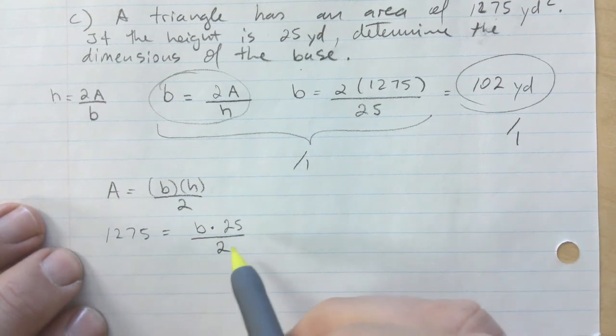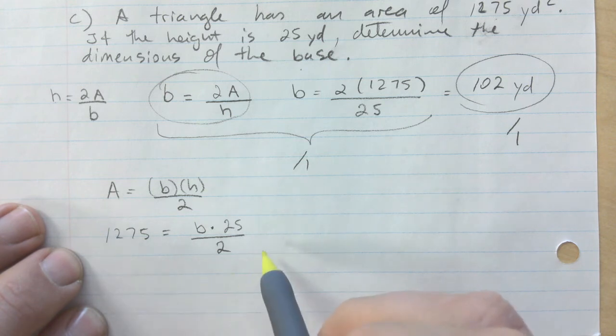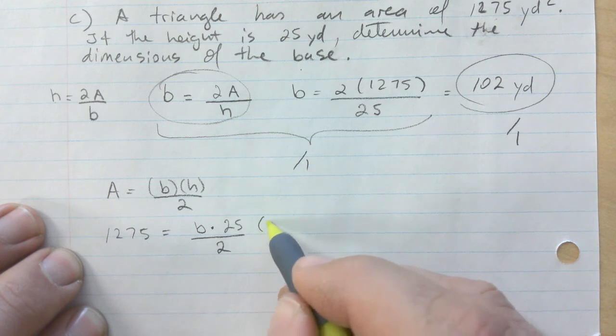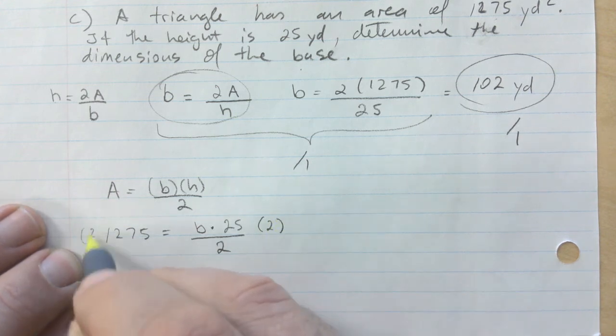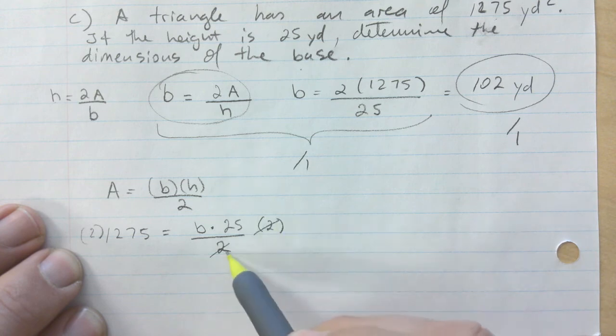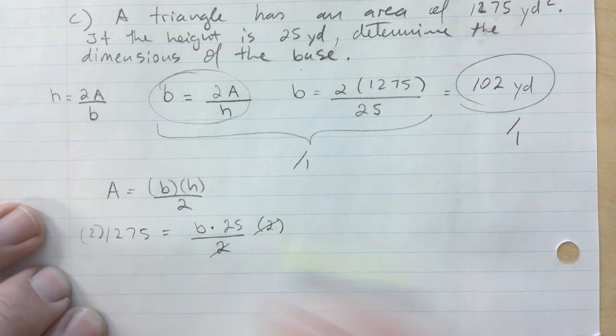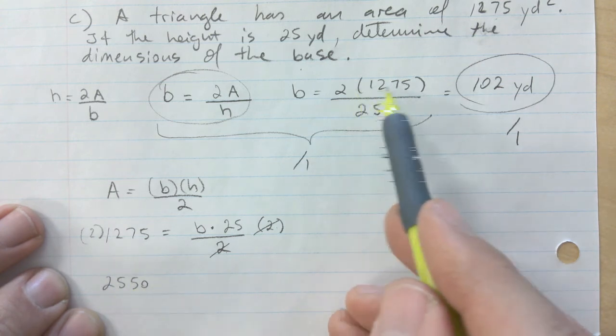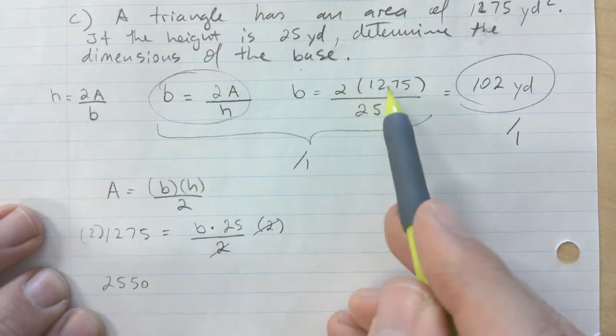And at this point, you kind of undo what is happening. So the 2 is dividing on this side, so you would multiply both sides by 2. That gets rid of this, because if you divide by 2 and multiply by 2, it's like you didn't do anything. So on this side, you go 2 times 1275 to get 2550. And that's basically what you got here, right?